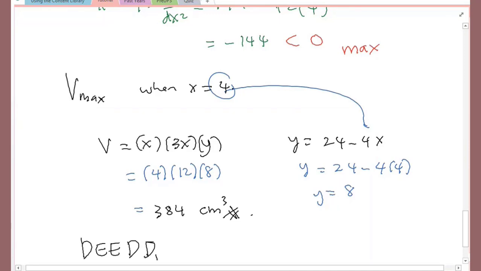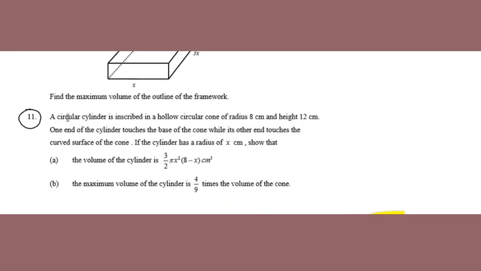Deduct means it's simple. Now the next question: a circular cylinder inscribed in a hollow circular cone. So the cylinder is in the cone.